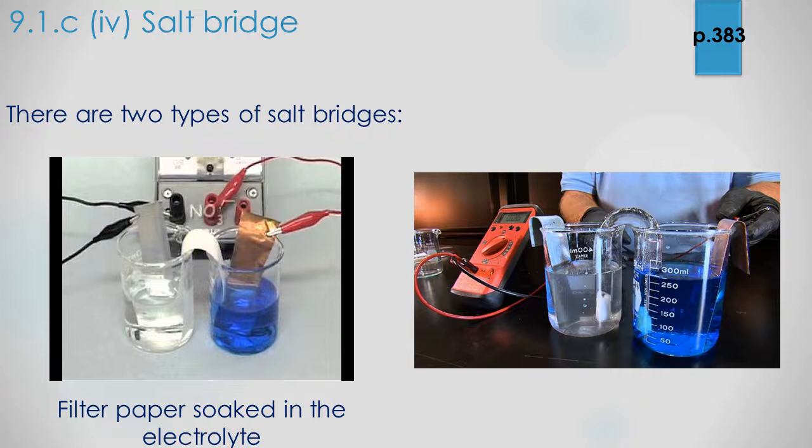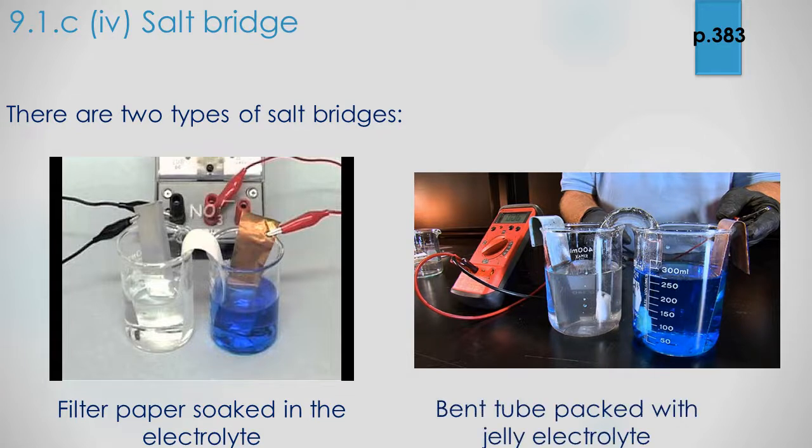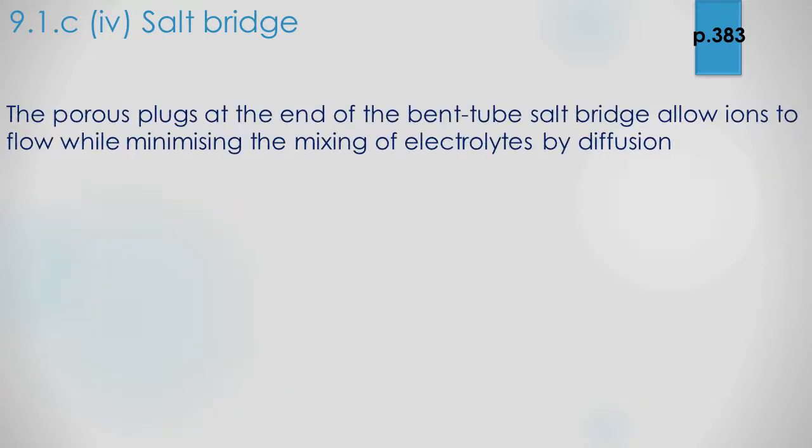The other type of the salt bridge is a bent tube, which is packed with jelly electrolytes, and as you can see at the end, it's plugged with porous plugs. The porous plugs at the end of the bent tube salt bridge allow ions to flow while minimizing the mixing of the electrolytes by diffusion.